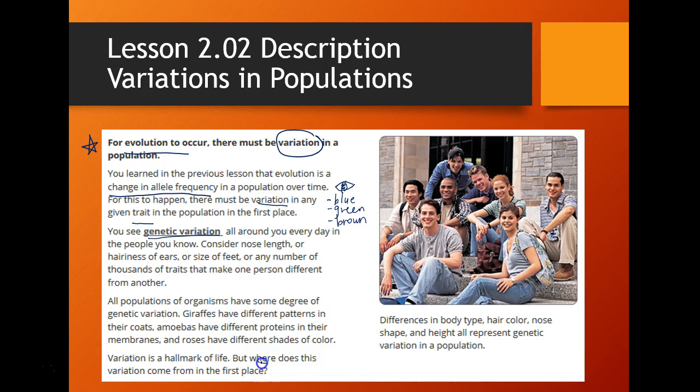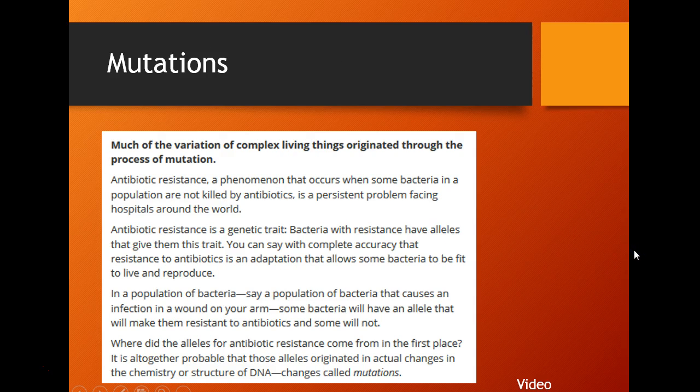But where does this variation come from in the first place? How do they actually come about? Variation often occurs because of mutations. One really great way to understand how mutations work is by looking at antibiotic resistance.